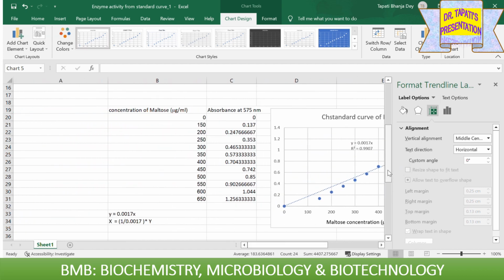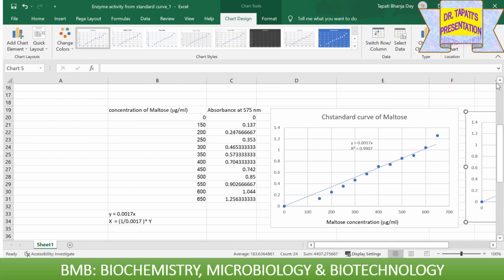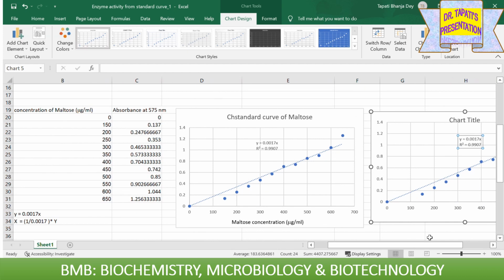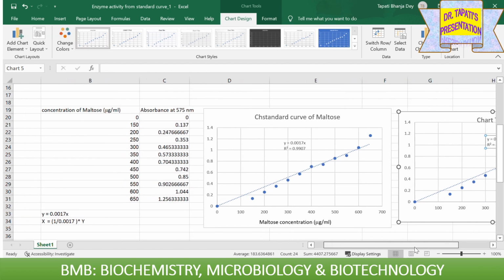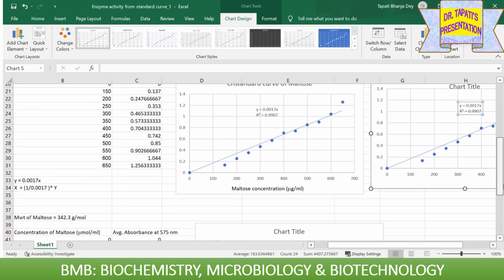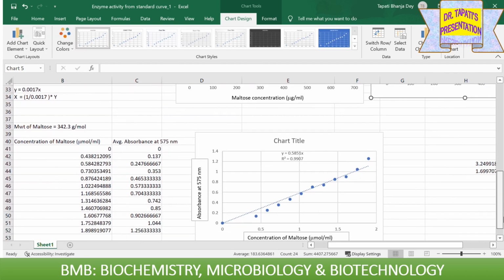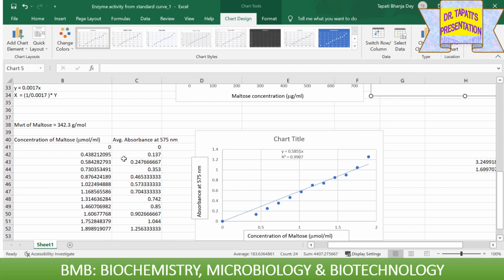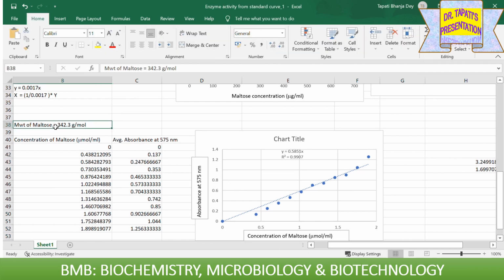Now, if we need maltose concentration in micromole per ml, then we have to convert microgram per ml into micromole per ml. For that, as you know, the molecular weight of maltose is 342.3 gram per mole.